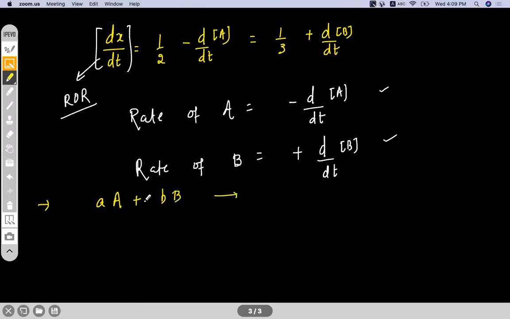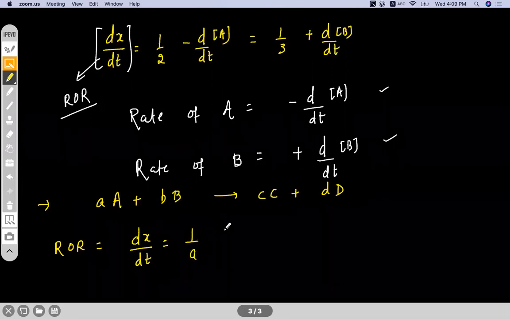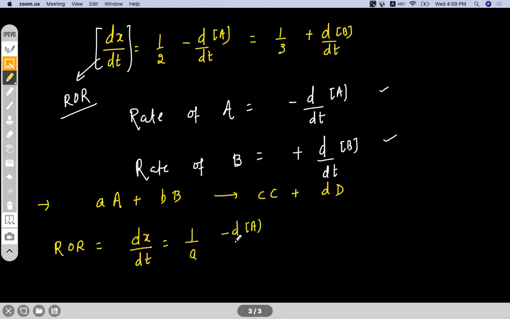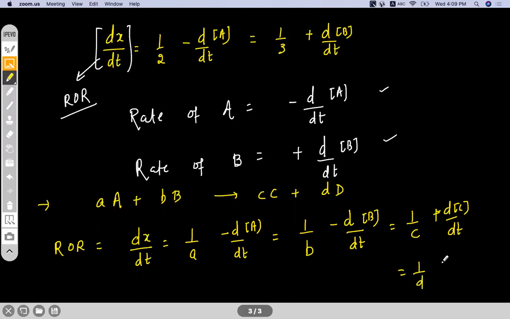Then the general expression for the rate of reaction is dx by dt equals 1 by a times minus d concentration of A by dt, equals 1 by b times minus d concentration of B by dt, equals 1 by c times plus d concentration of C by dt, equals 1 by d times plus d concentration of D by dt.